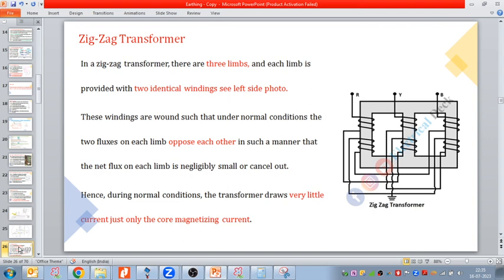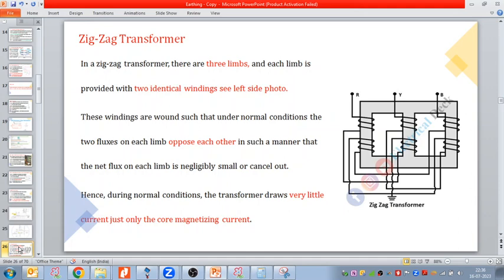Let us discuss the star delta. I think it is clear to all of you. It is not a new name. Zigzag is a kind of new name. So let us discuss what zigzag is and how this zigzag transformer is made.